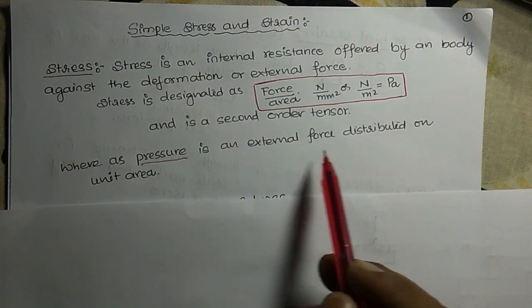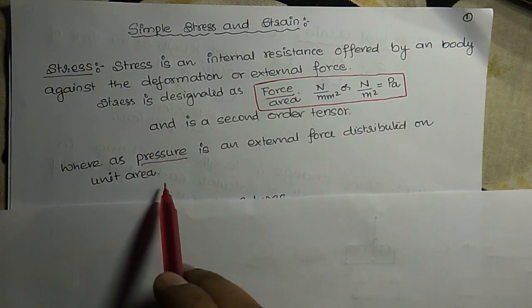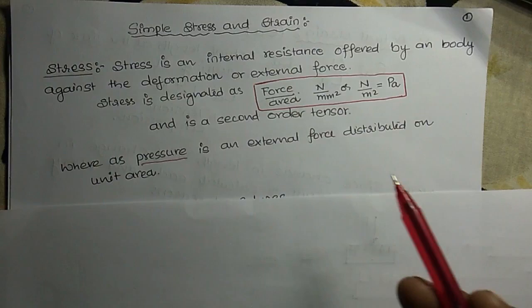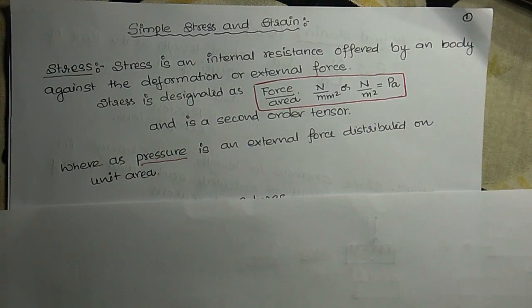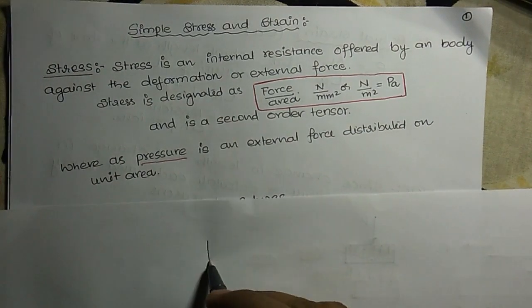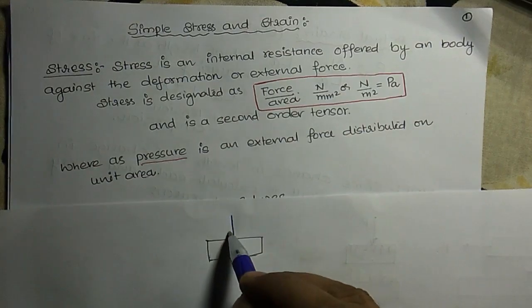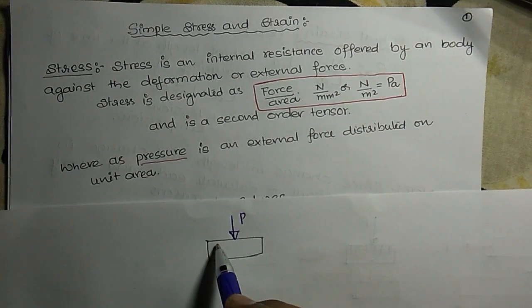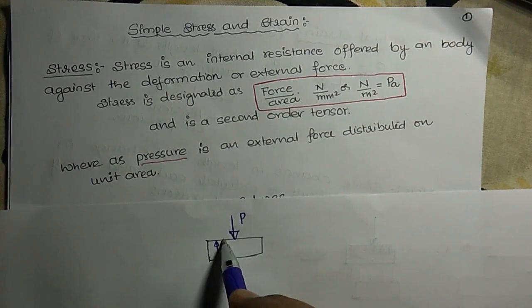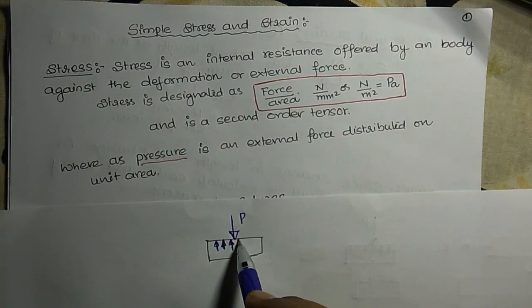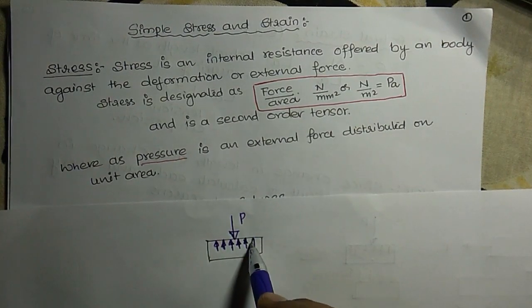Whereas pressure is an external force distributed over an area or unit area. Usually this is the main difference. For example, if you have a small body and you apply a force on that particular body, inside the body there develops a small resistance against the applied force.